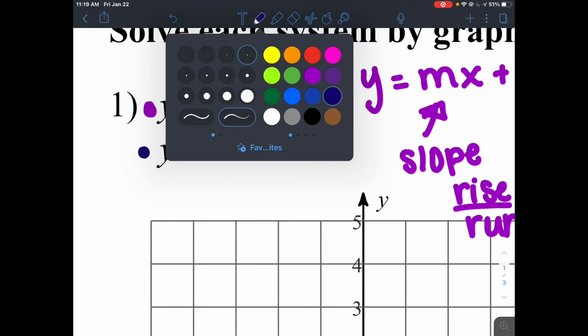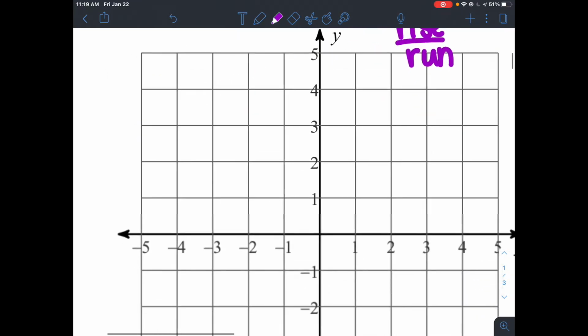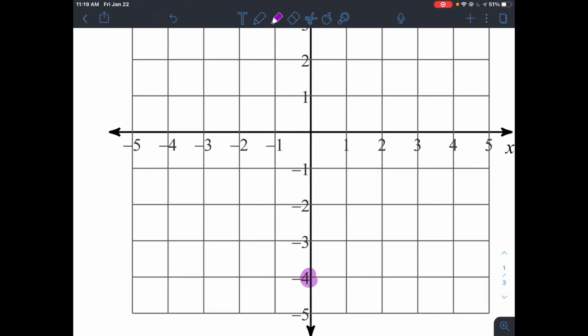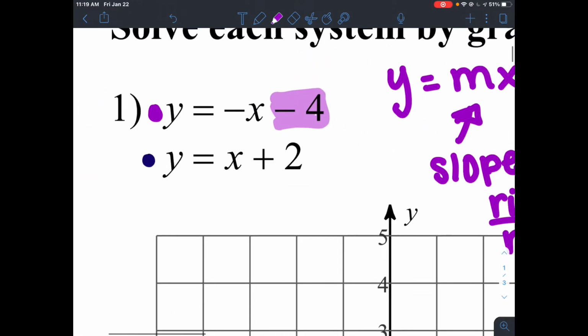For the first one, we have a y-intercept of -4. So I'll go down to -4 on the y-axis and plot my point there. My slope is -1. Well, remember I said slope is rise over run.